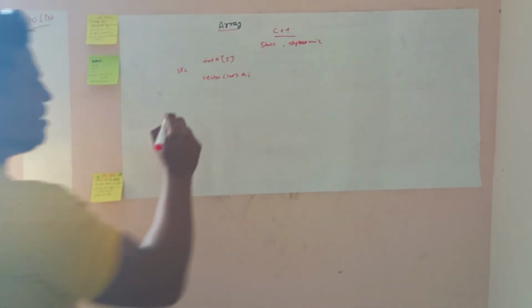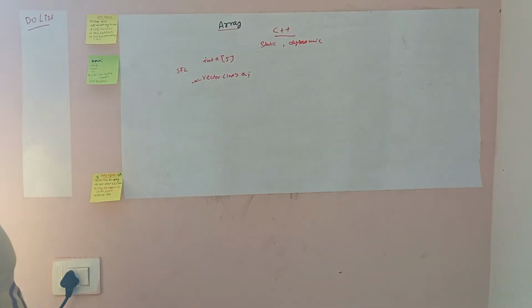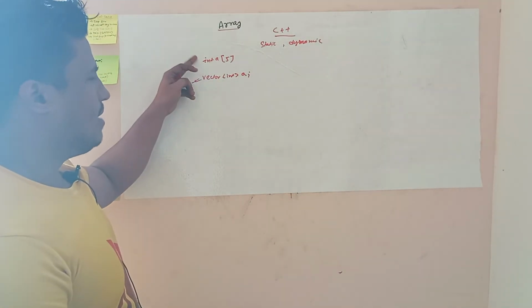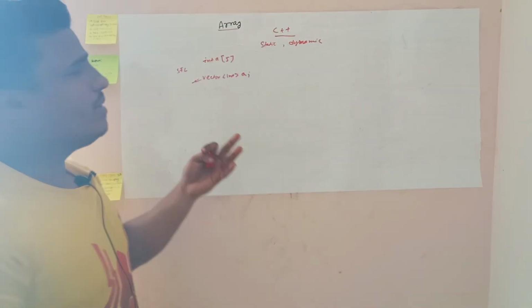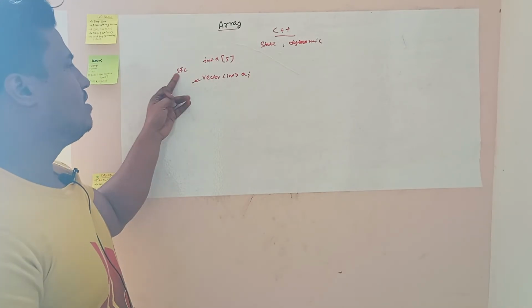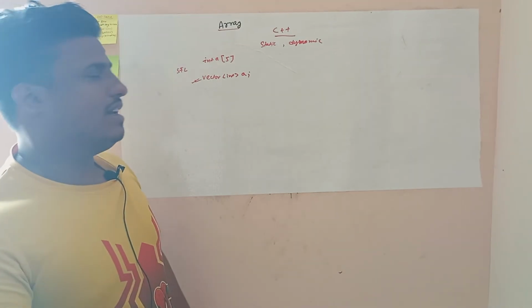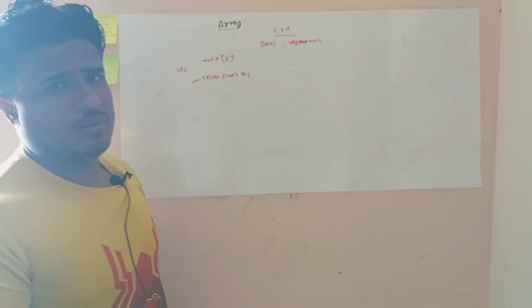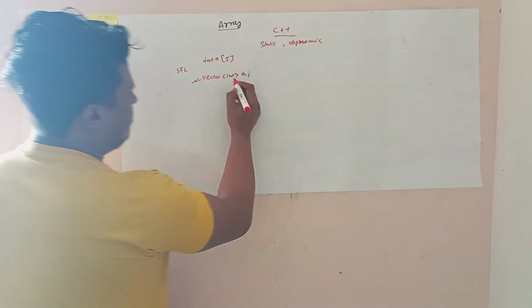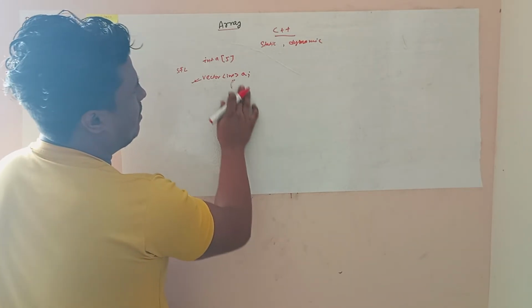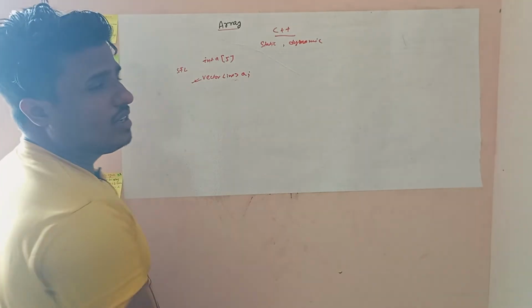Most of the time I will be using the vector, because it is much easier and faster to work with than the fundamental one, but it depends on choice. Just go through GeeksforGeeks or your favorite website and learn the attributes of vector.